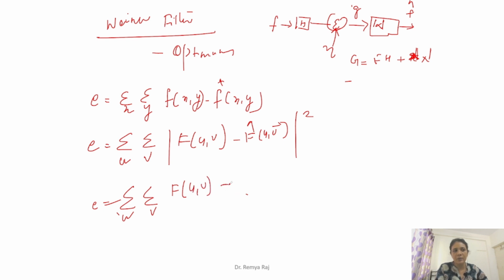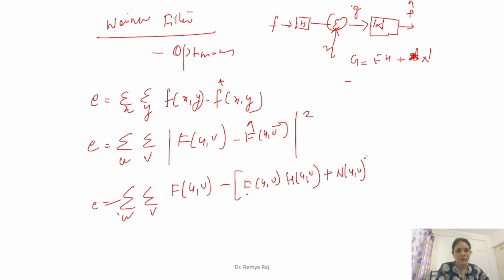How can I write f cap of u comma v? According to this equation, it is f of u comma v into h of u comma v plus n of u comma v.